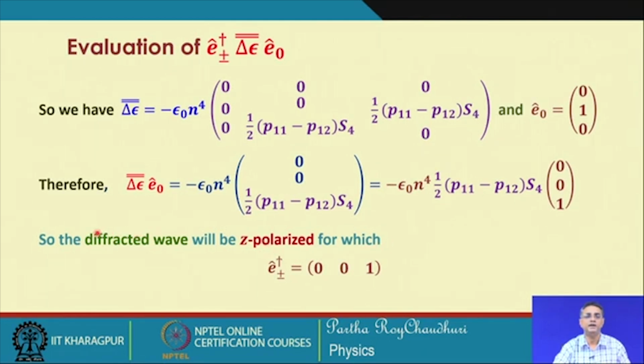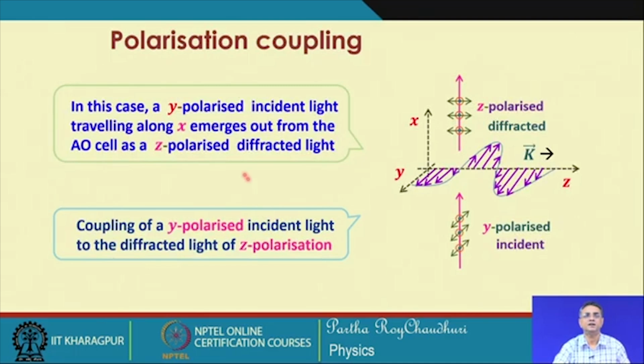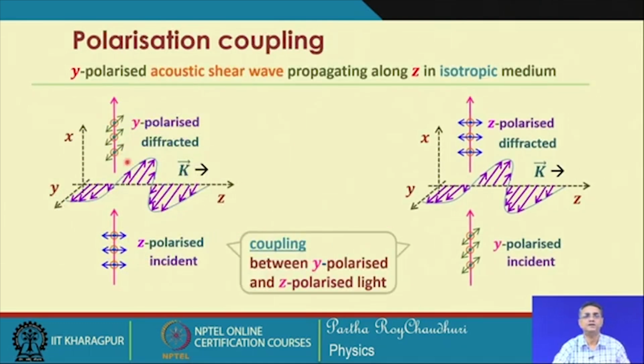Therefore, we find that if the incident optical wave is y polarized, then the diffracted wave will be z polarized. This is very interesting: in this case you have a y polarized beam and you get a z polarized diffracted wave. It is very straightforward to understand that if you have a z polarized beam, you get y polarization. If you have a y polarized beam, you get z polarization.